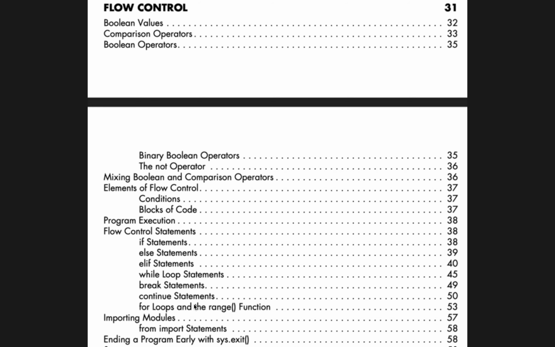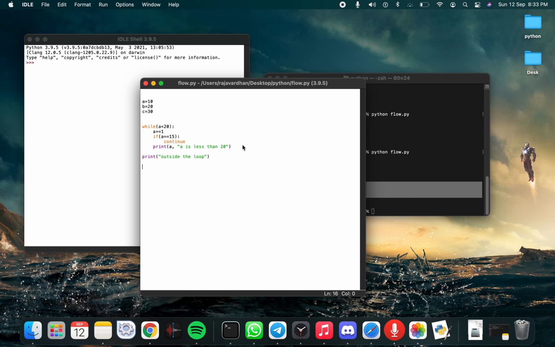Now what about for loops? For i in range of 10, print.